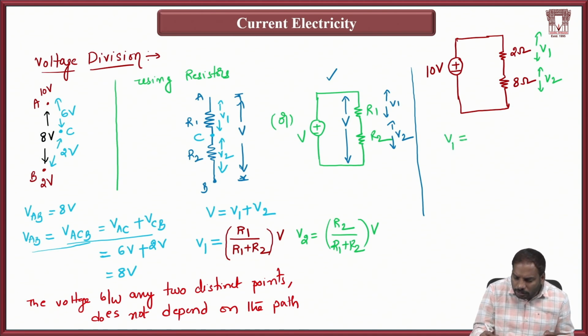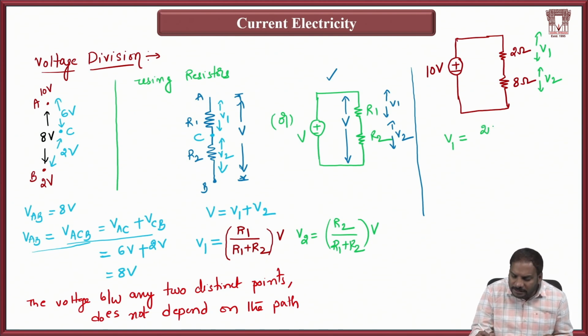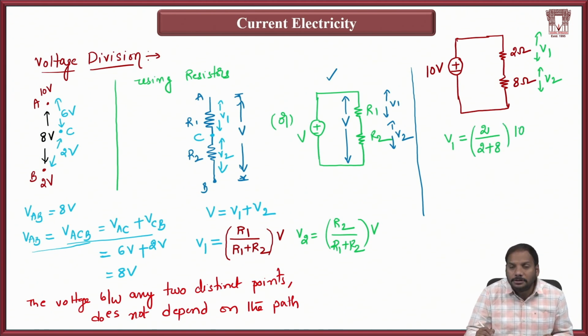Directly using voltage division, I can consider the voltage V1 is exactly equal to, what is the formula saying? Same resistance divided by total resistance, 2 plus 8, into total applied voltage, that is 10. So V1 is simply 2 by 10 into 10, exactly equal to 2 volts.